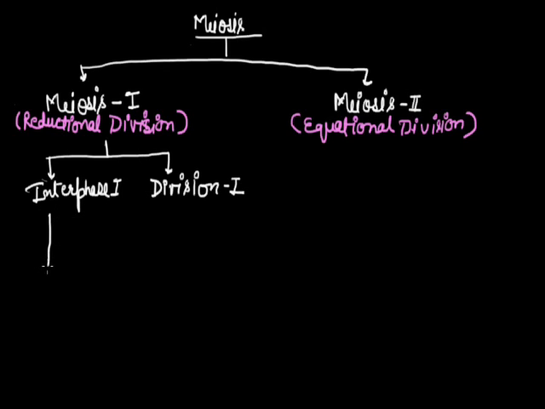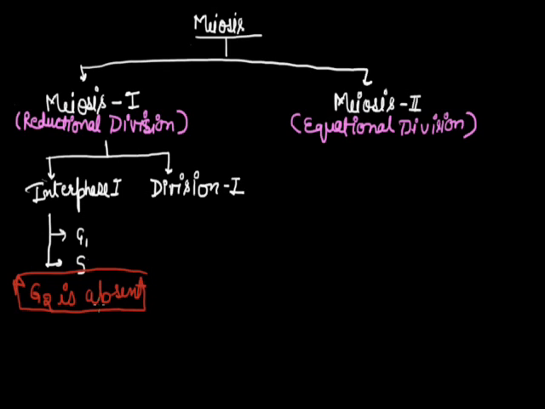In meiosis interphase 1, only two steps are there. The first one is G1 and the second one is S. The main important point is that the G2 phase is absent in meiosis 1's interphase.